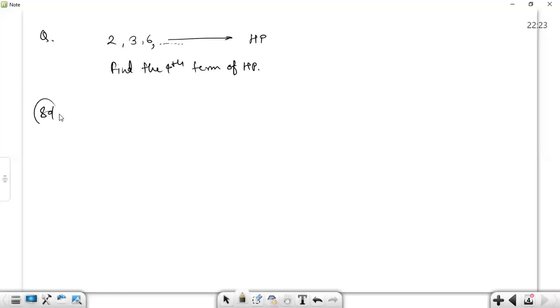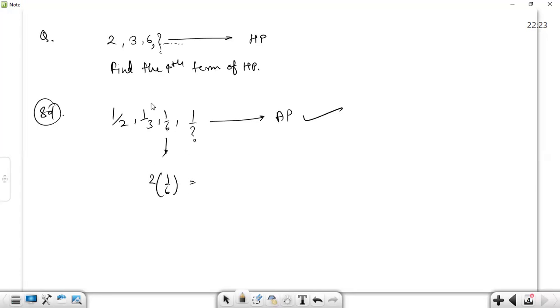So in the solution, we know that the reciprocal of HP is in AP, and we have to find out the next term only. So now this is in AP. So if this is in AP, twice of this has to be equal to the sum of the remaining.